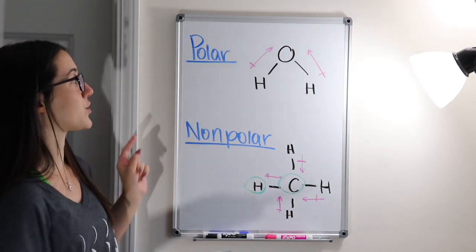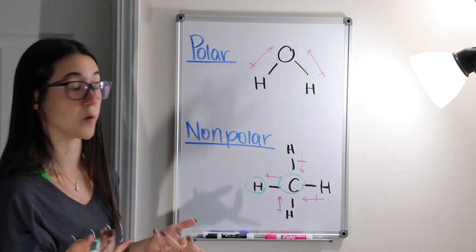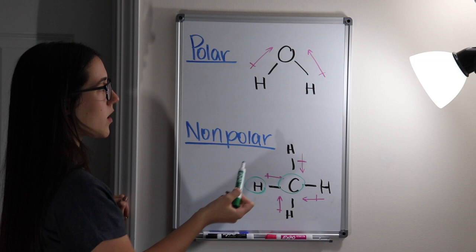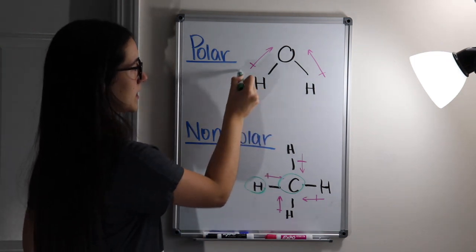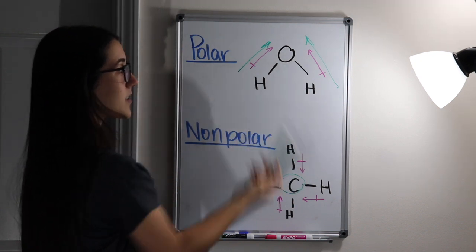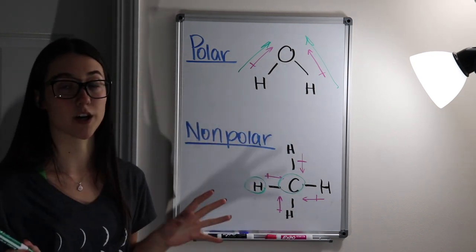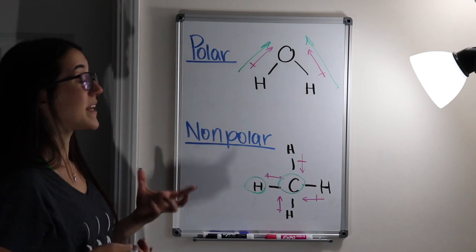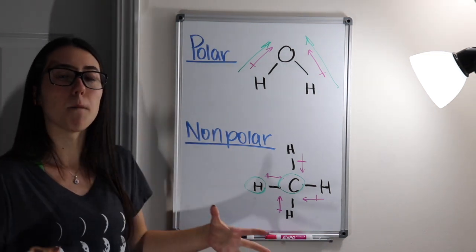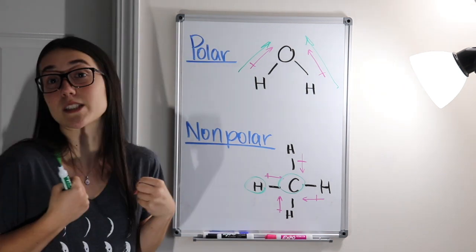However, if you pay attention to the molecule up top, the water molecule, the arrows don't cancel out. So, since this arrow is pointing this way and this arrow is pointing this way, the oxygen is much stronger than the hydrogen. Because it's much stronger, it's able to pull most of the electrons towards itself.